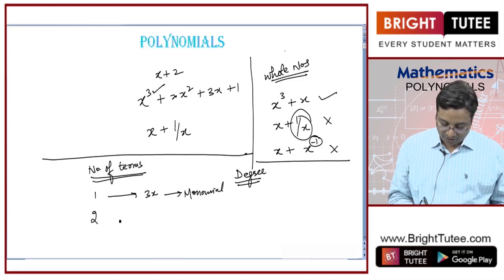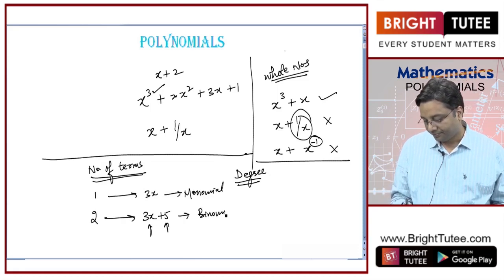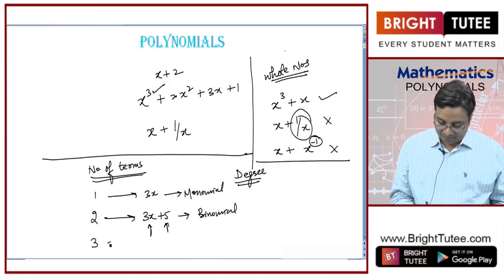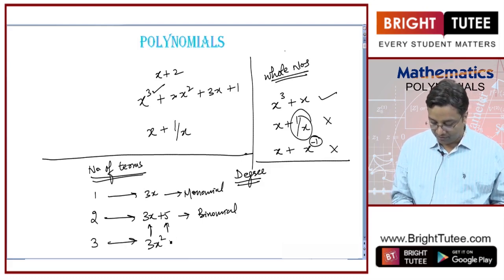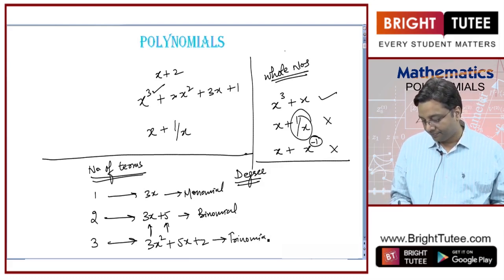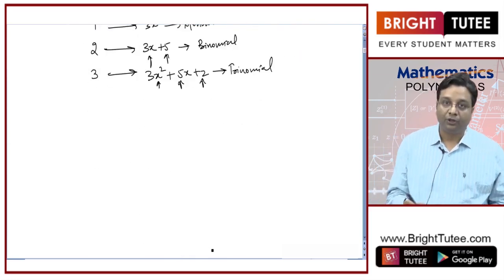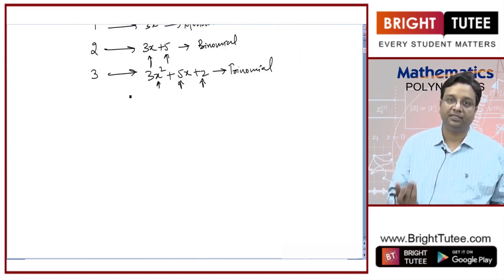If there are two terms, let us say 3x plus 5, there are two terms here, so this is known as binomial. If there are three terms, for example 3x square plus 5x plus 2, it is known as trinomial, because there are three terms here, and in general we can call it as a polynomial. Let us say there are more than three terms, then we can call it as polynomial.